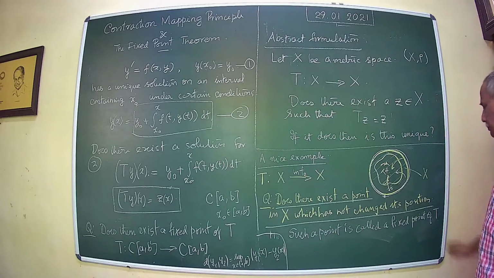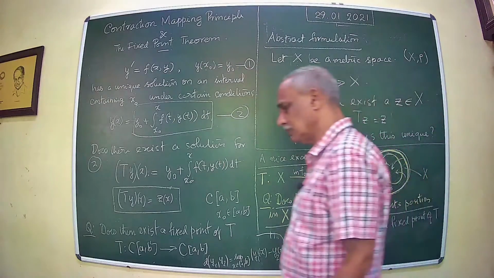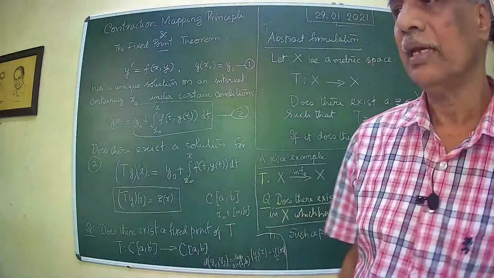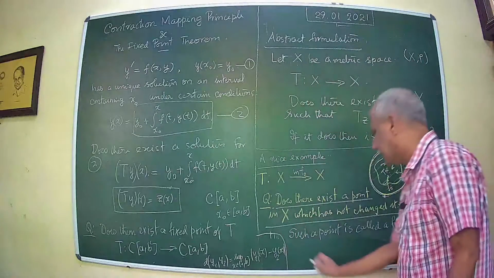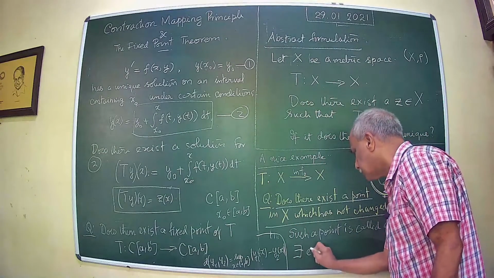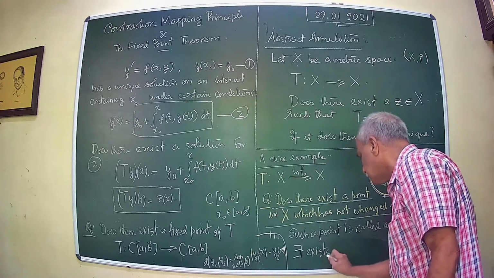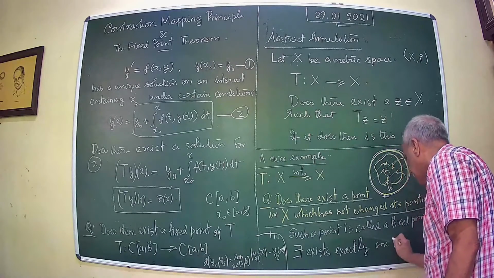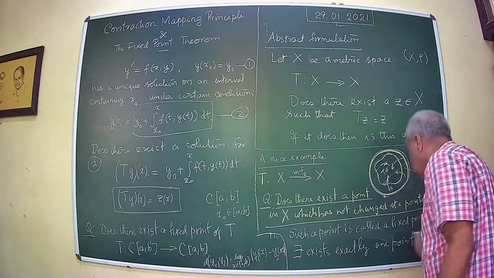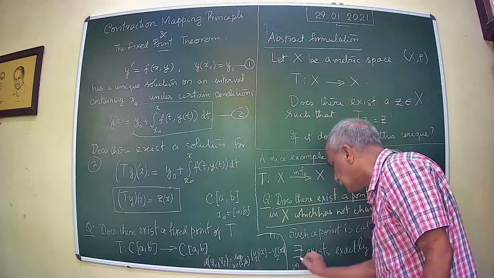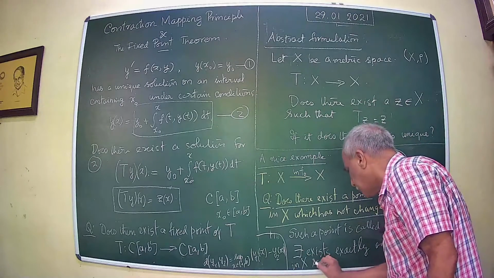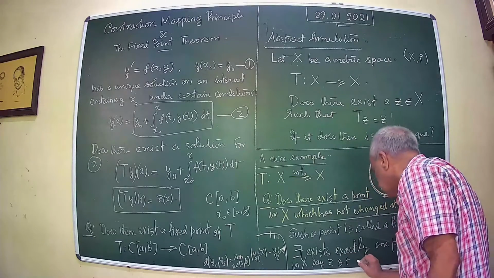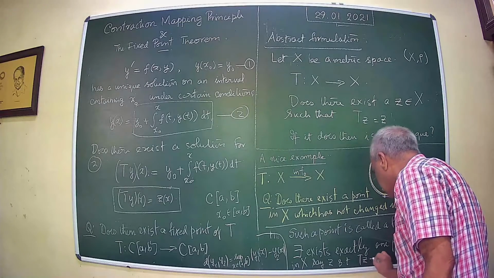Okay, such a point is called a fixed point. Now in this problem, what you can prove mathematically is that there exists exactly one point in X, say z, such that Tz equals z.